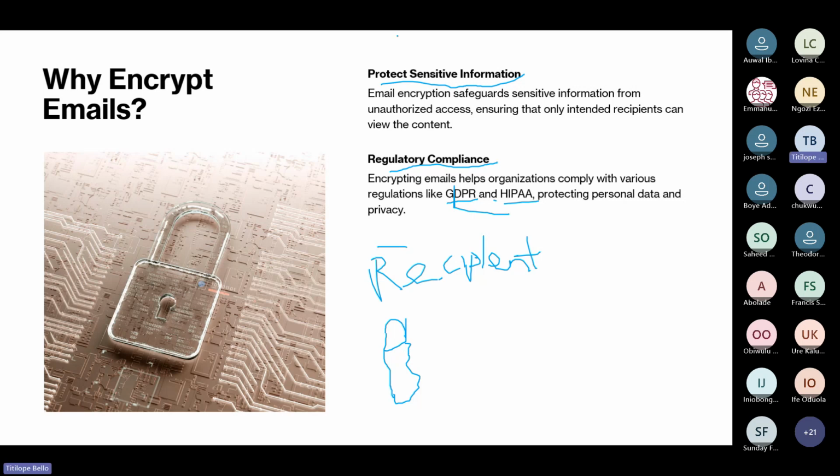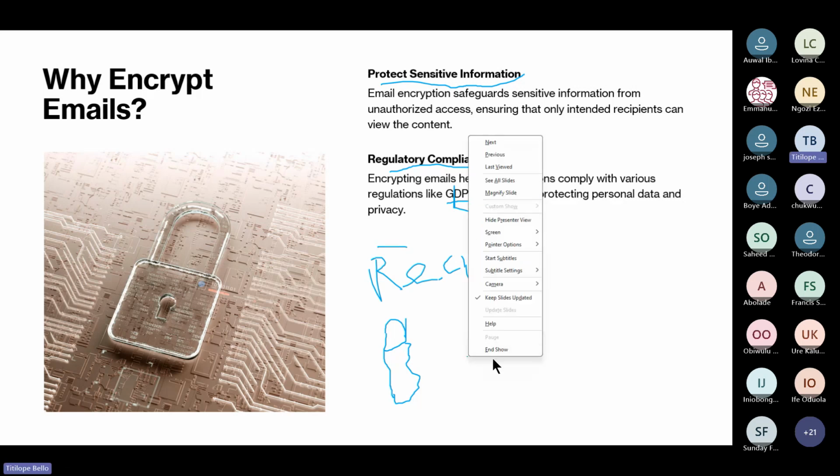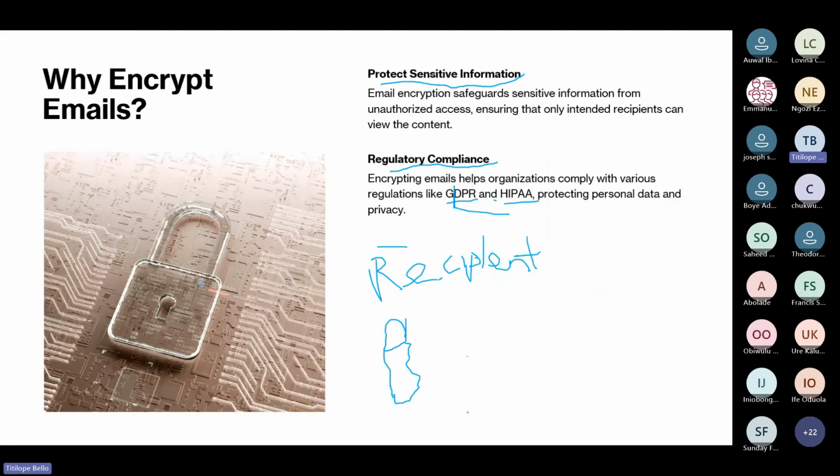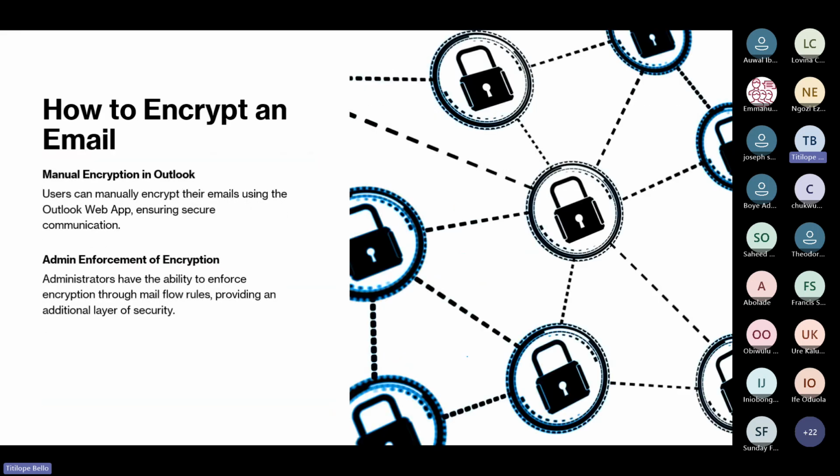Pardon my drawing. That's a form of encryption as well, to tell the recipient that you are the real person sending the email. Those are instances where you have to encrypt email.